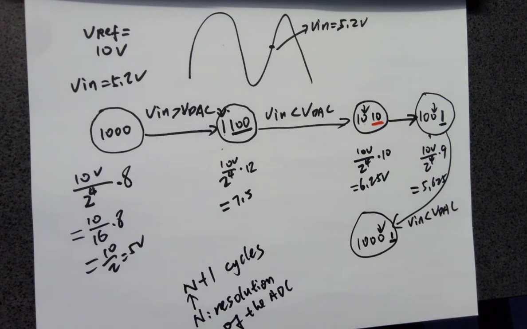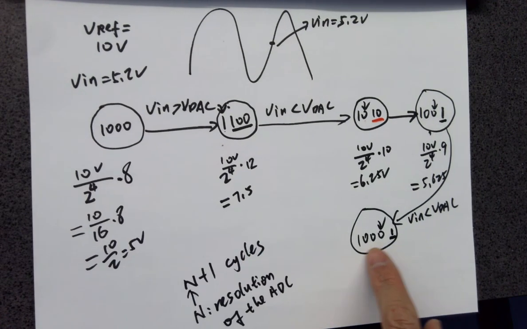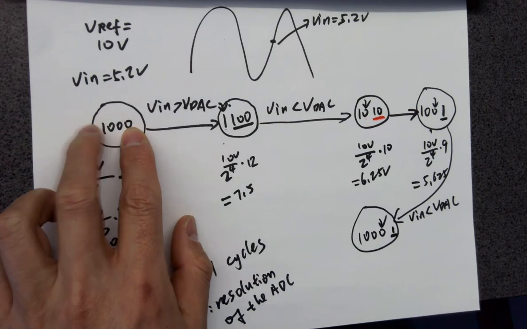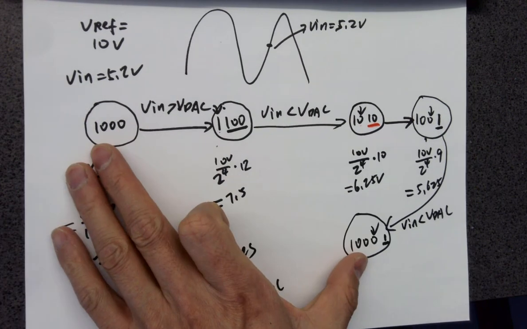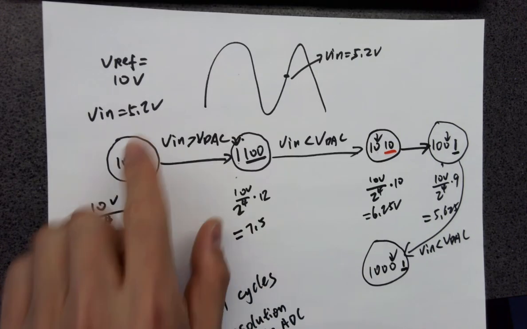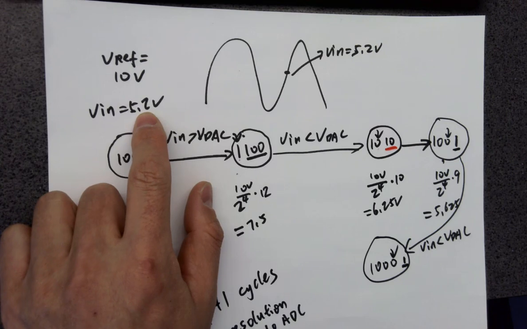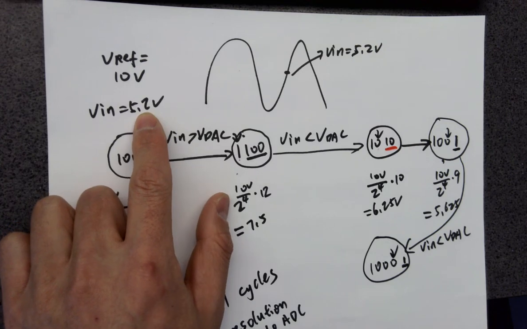Okay, so a 4-bit ADC. And eventually, the ADC's output becomes 1000. You can see originally we already had 1000. Eventually it's still the same value. It's not changing just because 5.2 volts is not very different from 5 volts, and the resolution of the ADC is so low, it's not able to resolve it.